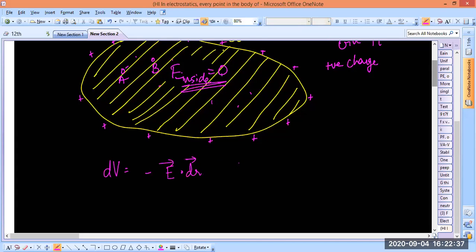That means dV is going to be zero, because dV, which is given by this formula, involves E, and E is zero.